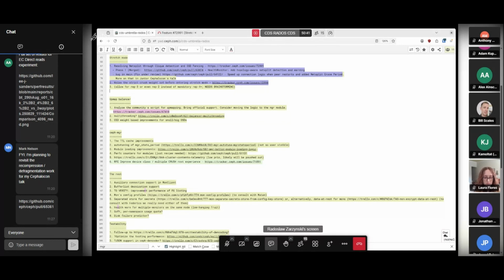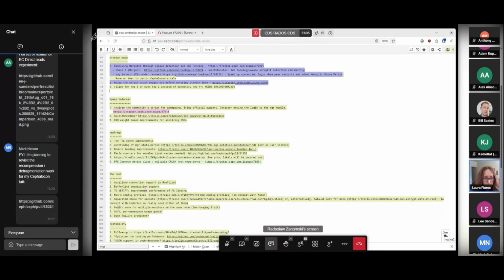Next item, UpMap Balancer. Laura, the mic is yours. All right. So for the UpMap Balancer, the first item that we plan for Umbrella is that we have two scripts that are used a lot by the community. They're called PG UpMap Remapped and PG Remapper.